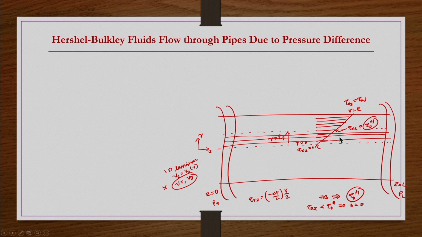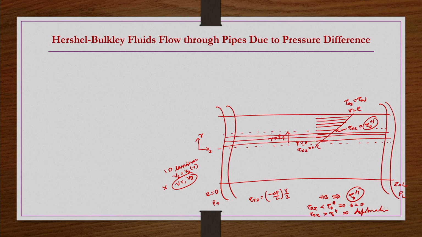But when the applied stress is greater than tau naught h, deformation will take place, and depending on the tau versus gamma dot behavior of that material after crossing tau naught h, that is, on its rheological behavior, the volumetric flow rate and the velocity profile will change with respect to r.